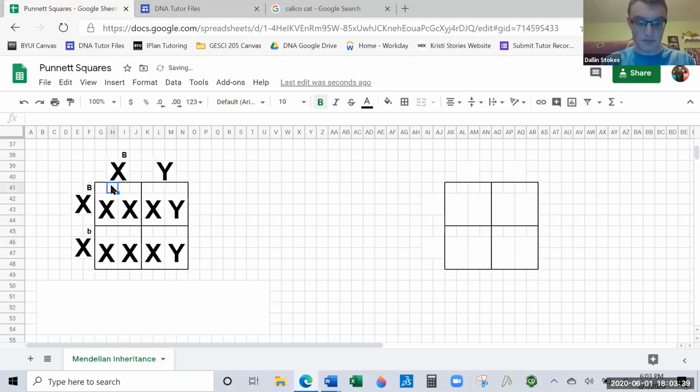We end up with X big B X big B, so she was yellow. This one, X big B X little b, was calico, because remember it was heterozygous. Over here we had an X big B Y and an X little b Y. So he's yellow, he's black. Notice it's impossible for a man to be calico.